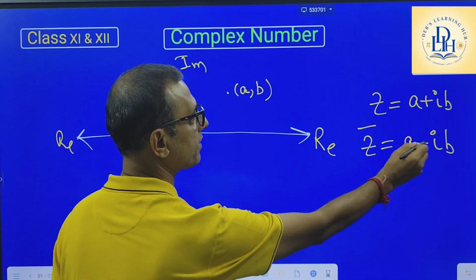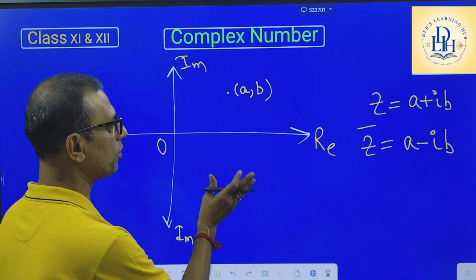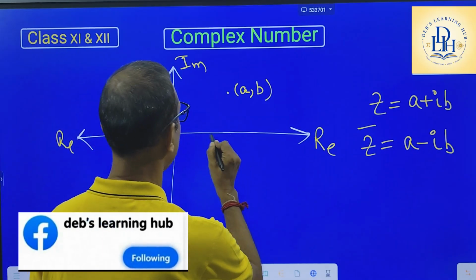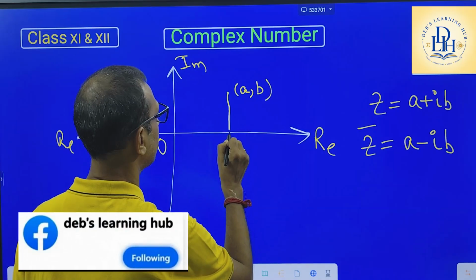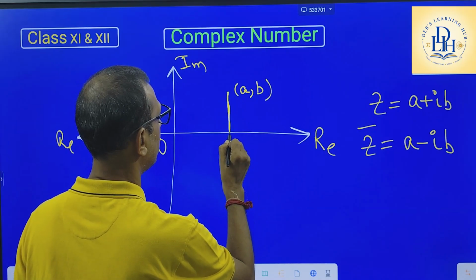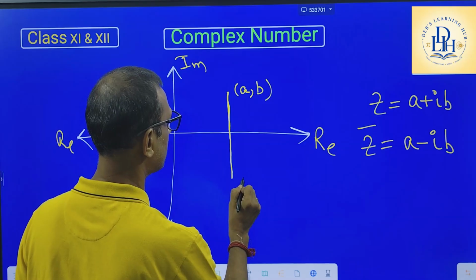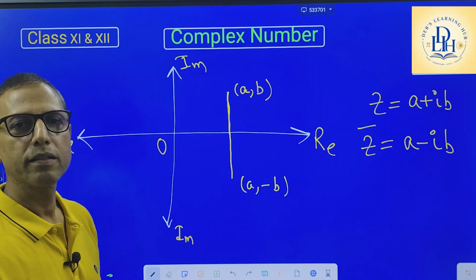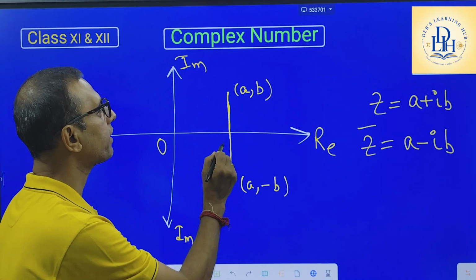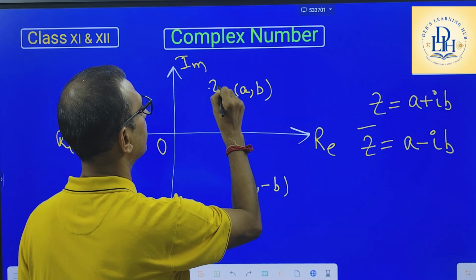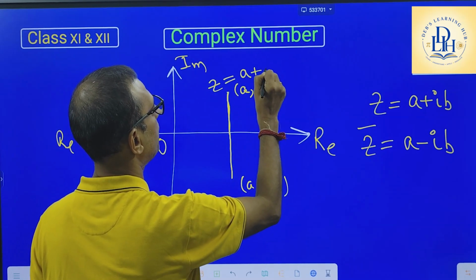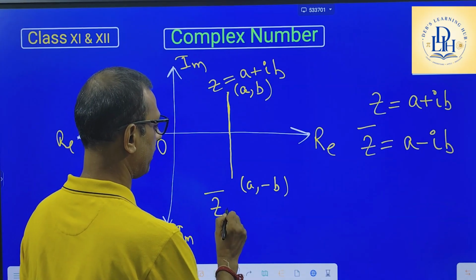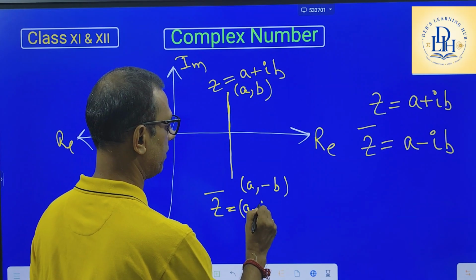When you represent this a minus ib, it will be in the fourth quadrant, x positive, y negative, right? So this is the same thing here, a minus ib, this point is (a, minus b). That means this is z equals a plus ib, and this is the conjugate of z, that equals a minus ib.